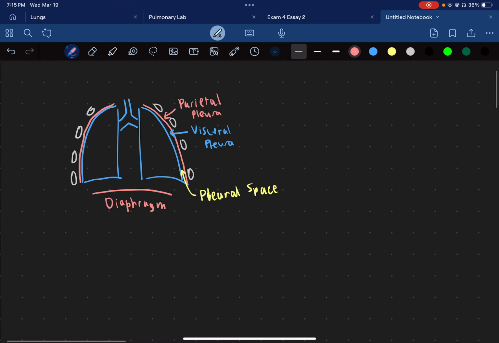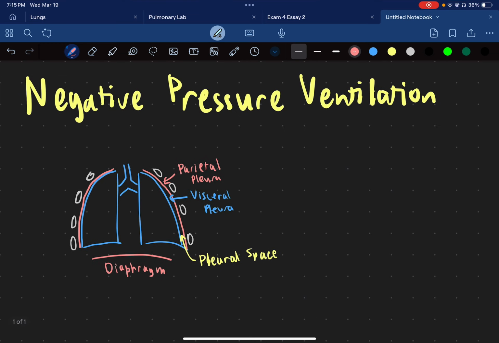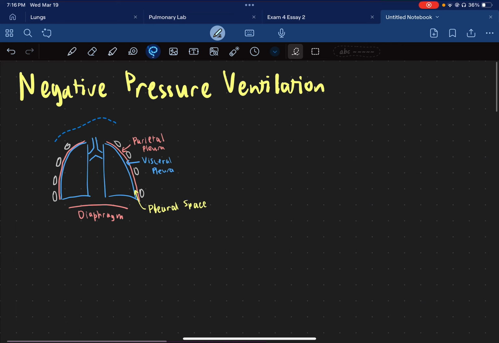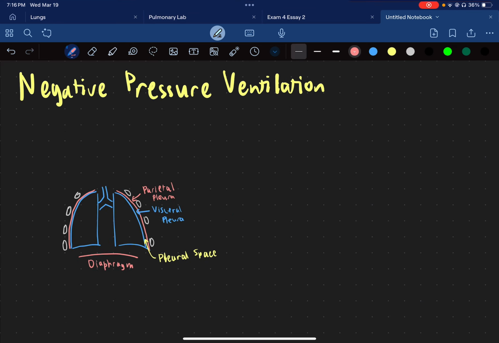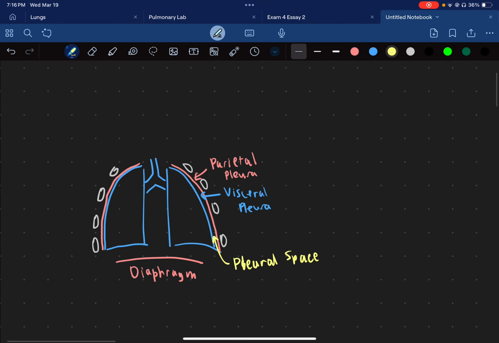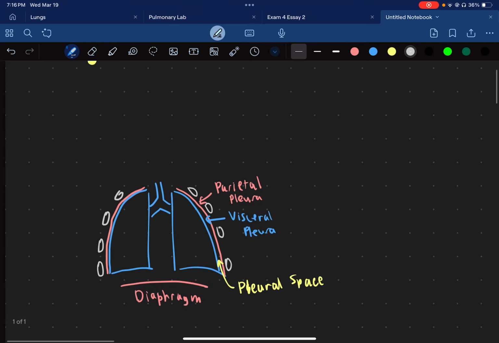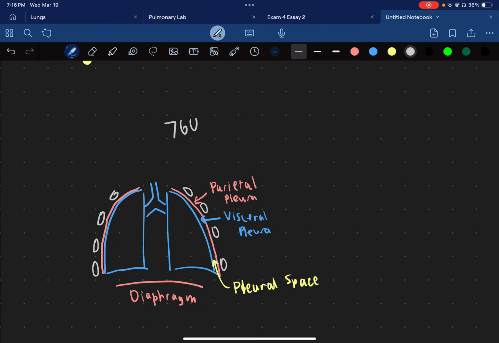So let's just go through a couple different pressures. Out here we have atmospheric pressure, which is 760 millimeters of mercury.